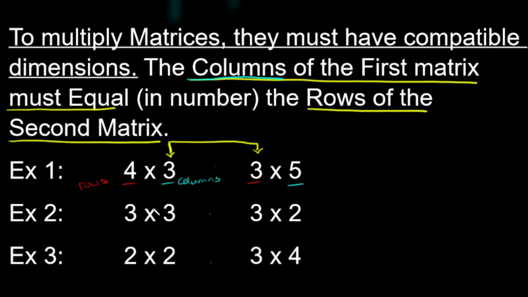Can you multiply a 3 by 3 and a 3 by 2 together? The answer is yes. The columns of the first match the rows of the second.